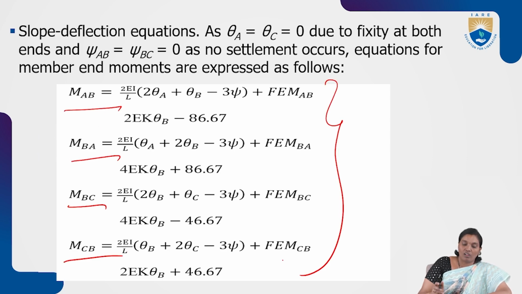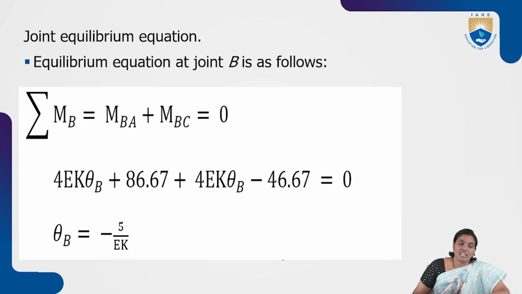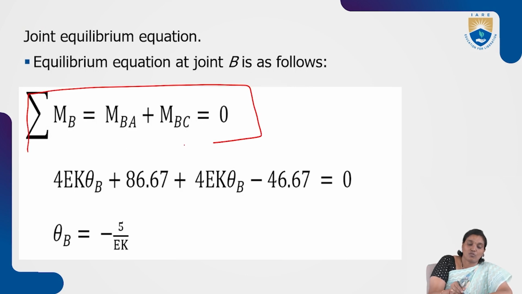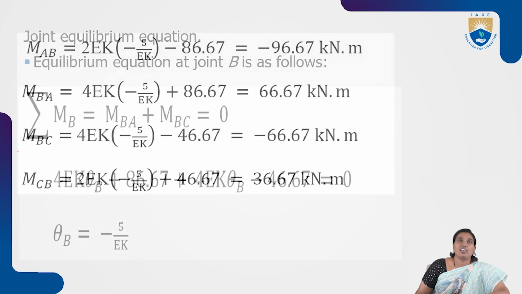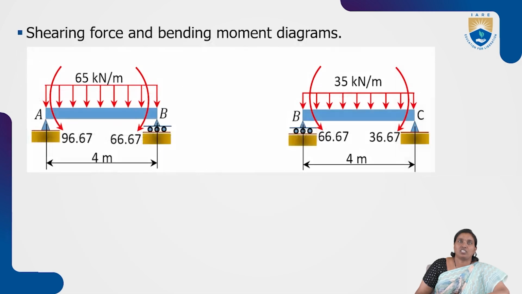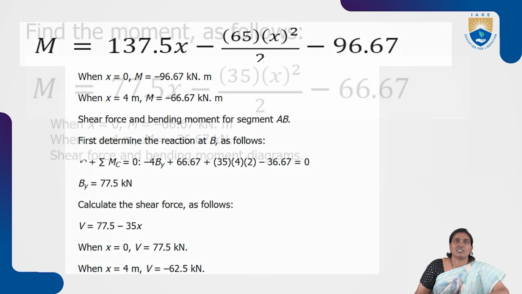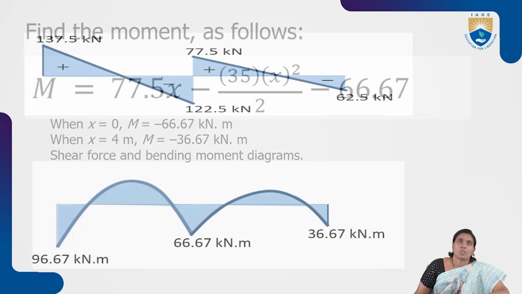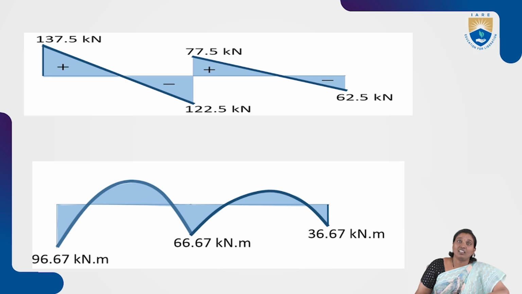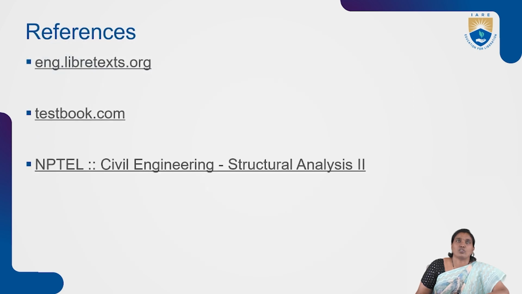We enter all the equations, and finally we get the joint equilibrium condition based on the steps involved. Finally, we get these equations. These are the shear force and bending moment diagrams which we follow for this given condition. We are going to find the moment as well as the shear force.